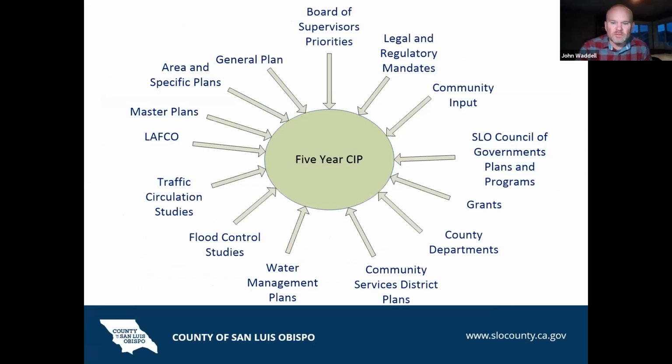So here's just a graphic of all the things that go into developing this plan.